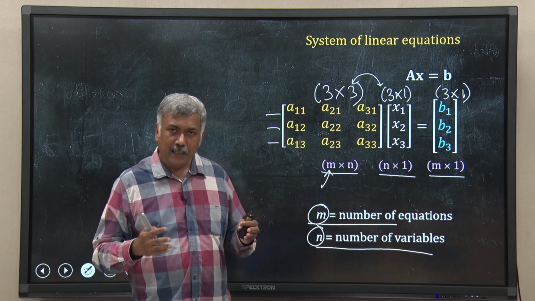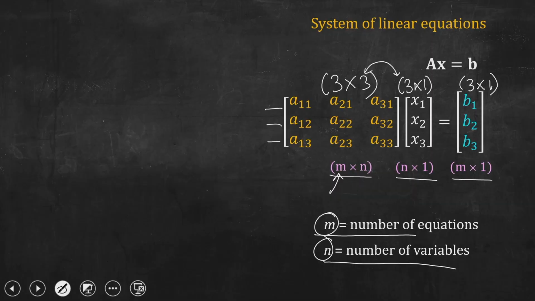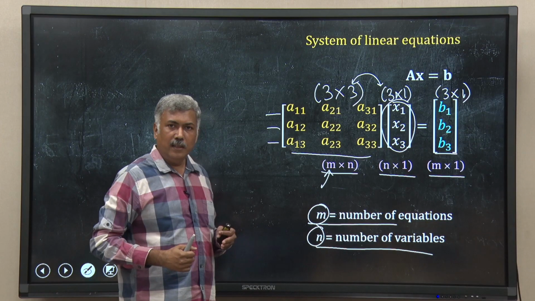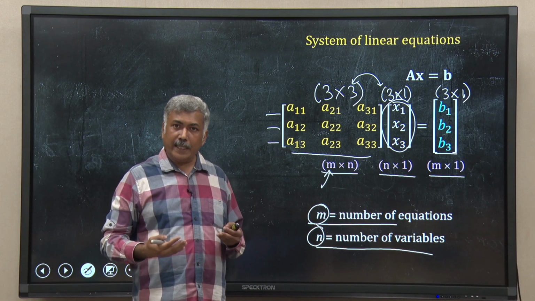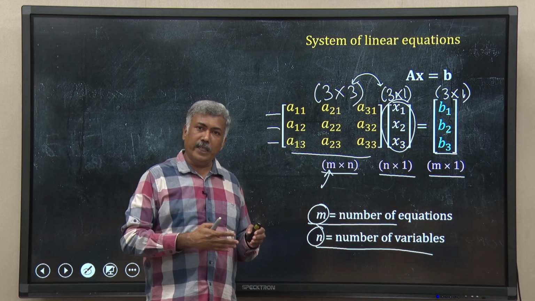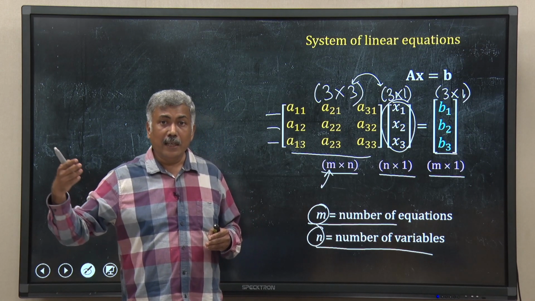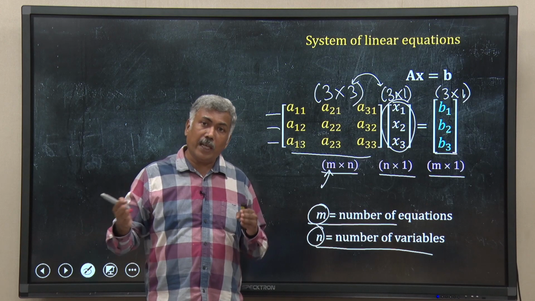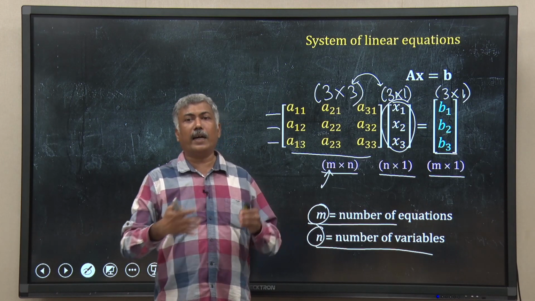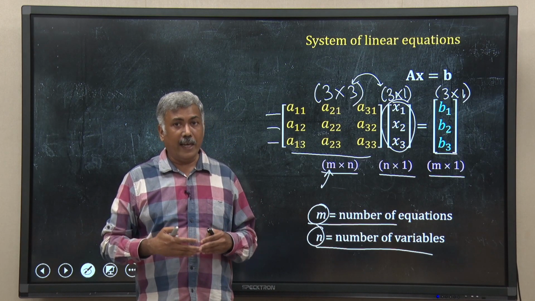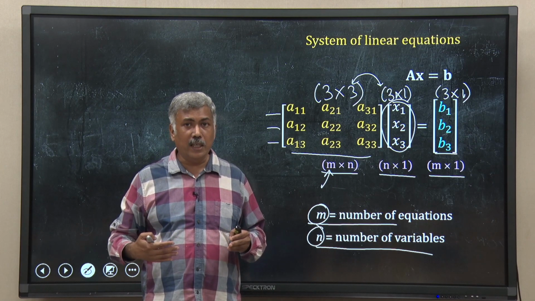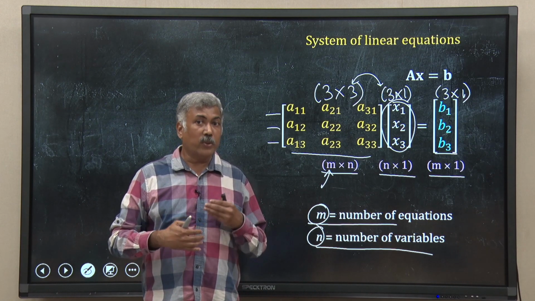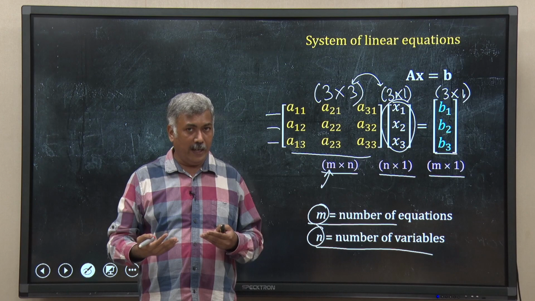We will have some data, right, and that data may be represented by this matrix and this vector, and I want to know the values of x1, x2 and x3. So, in my problem, in my data analysis, the coefficient matrix and the constant vector may be coming from some equation or from experimental data, whereas the variables x1, x2, x3 will be unknown to me. So, I have to calculate these unknown variables, right.